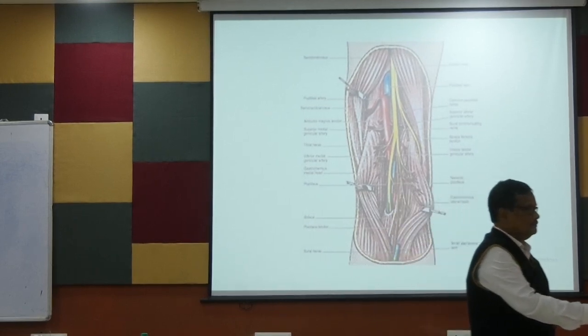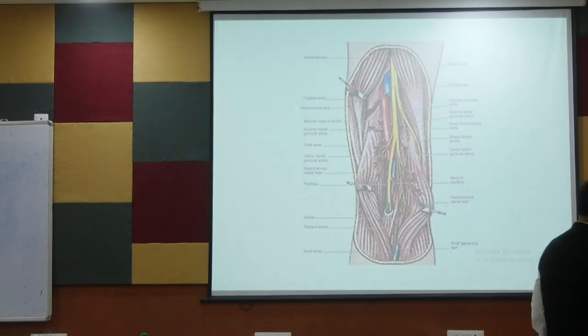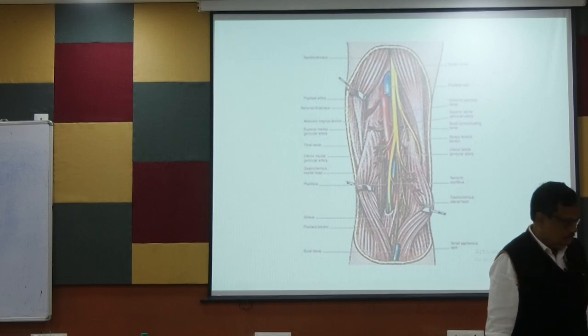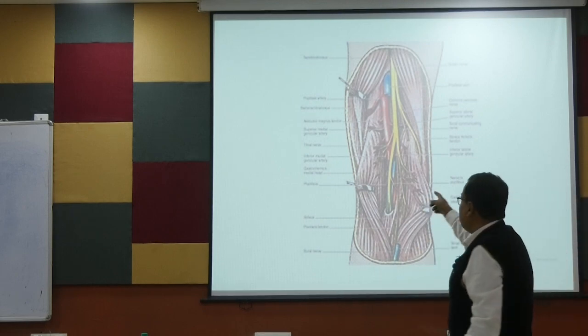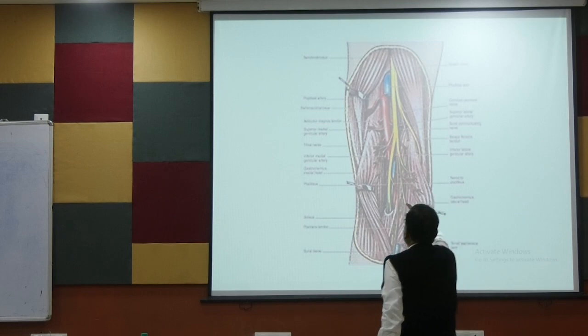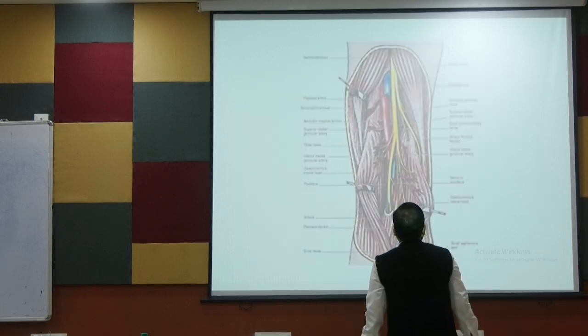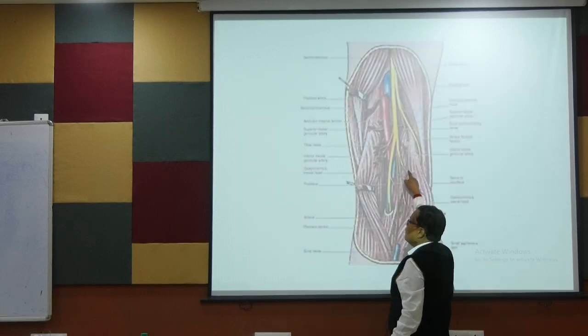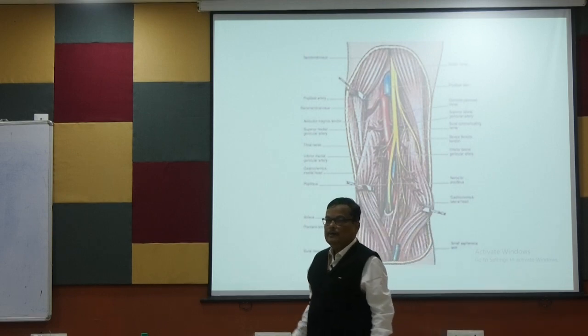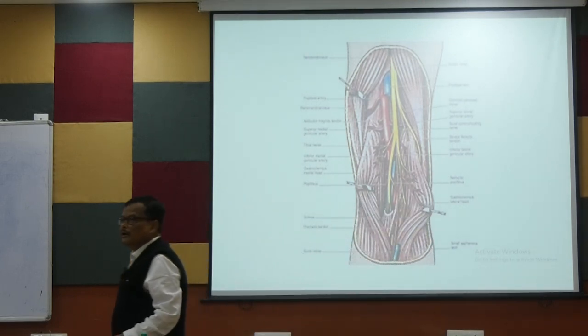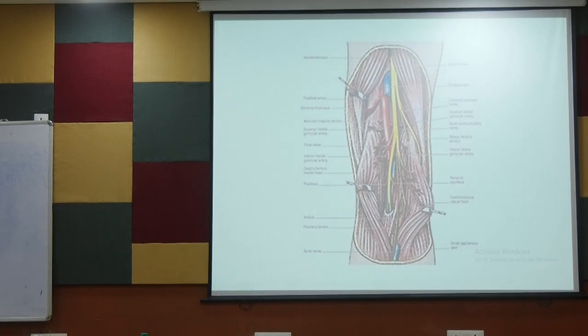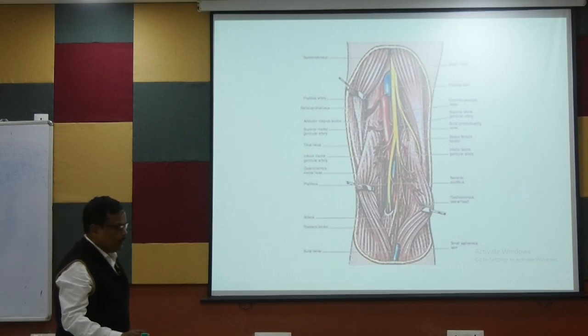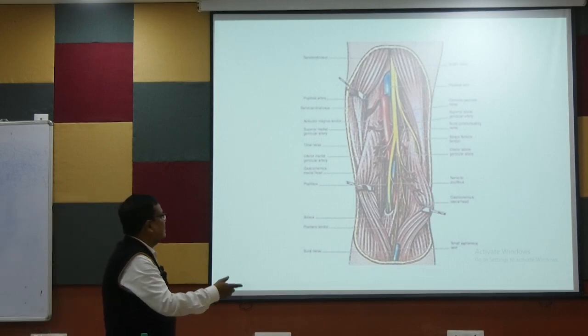Why is the pointer not working? Is the battery finished? So we divide into tibial and common peroneal components, right? Just below it there is a popliteal vein, and deepest there is a popliteal artery. You will read about the crossing later, I am not going into details, change to the next slide.